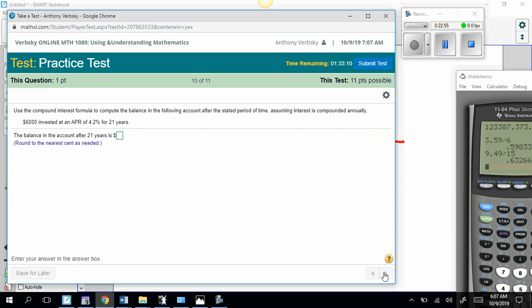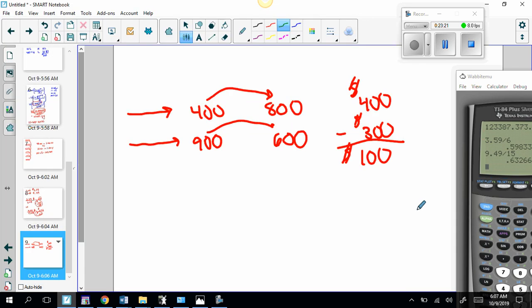Assuming interest is compounded annually, $6,000 invested. Compound interest formula. Oh, this is an easy one. Straight up. 21 years, 4.2%, $6,000 annually. Okay, let's see how I do for remembering.